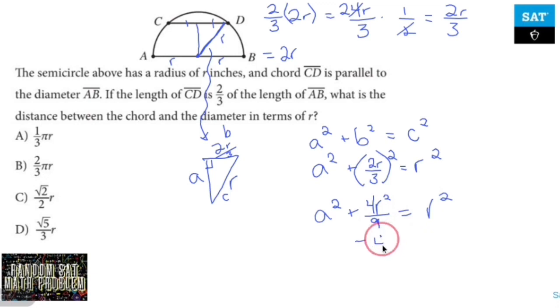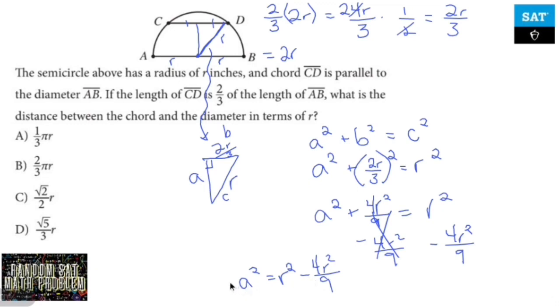I'm going to subtract that from both sides. That gives me a squared equals r squared minus 4r squared over 9.